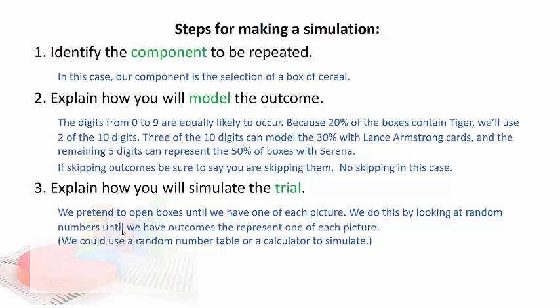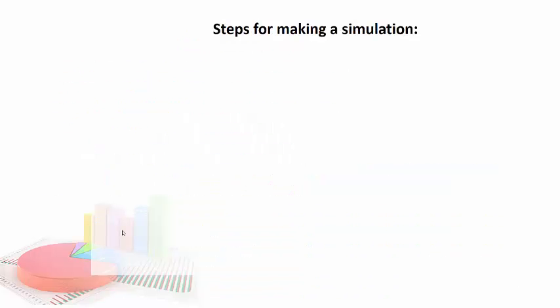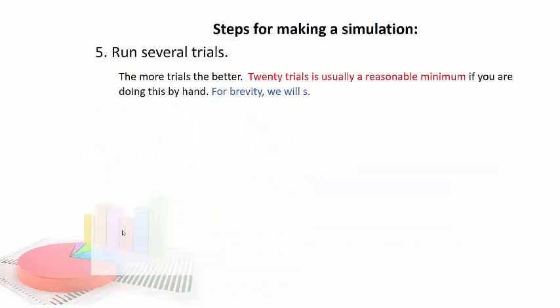We could use a random number table or a calculator to simulate. And also, you need to state clearly what you're going to be measuring. Am I going to be measuring how many Serena boxes I get? No. I'm going to be measuring how many boxes I have to get to get all 3 pictures. That's the response variable.